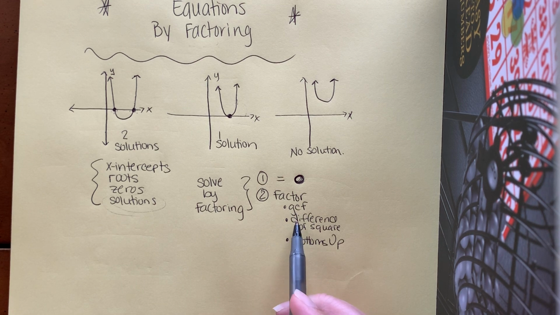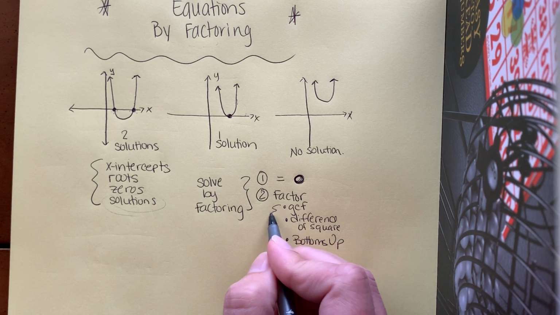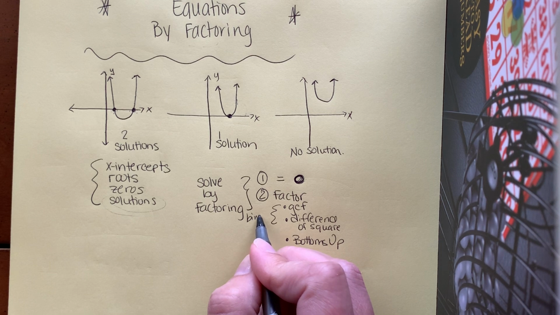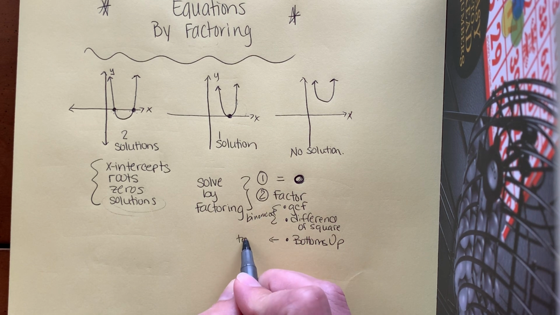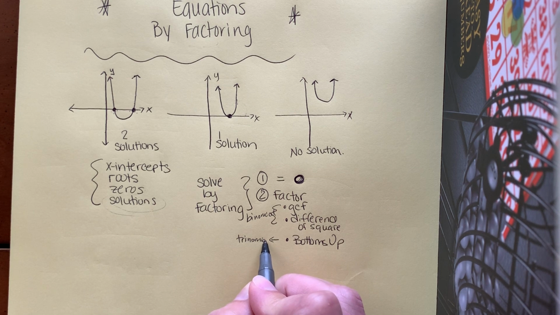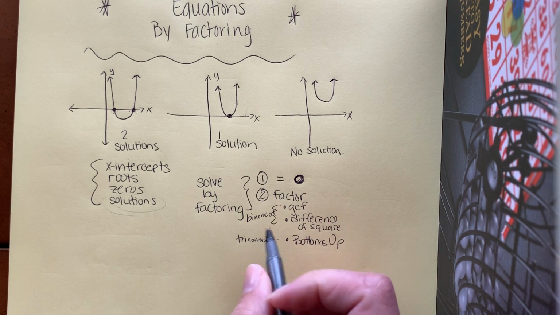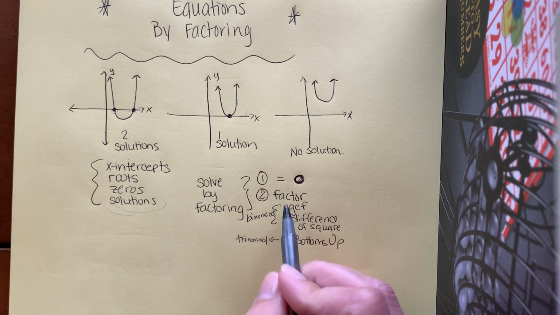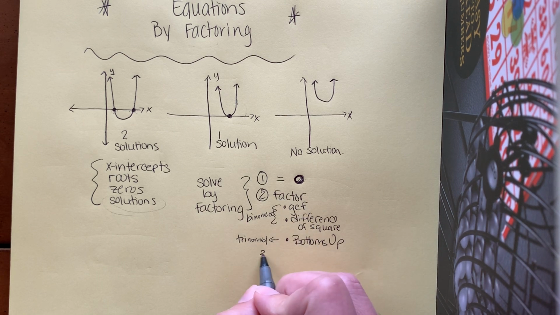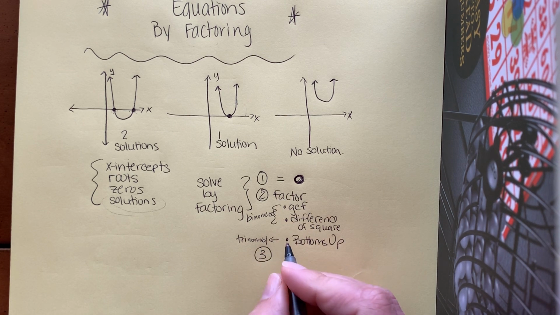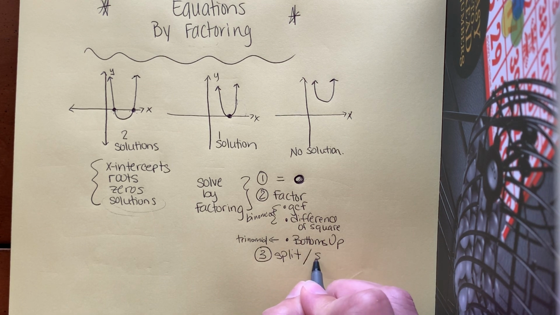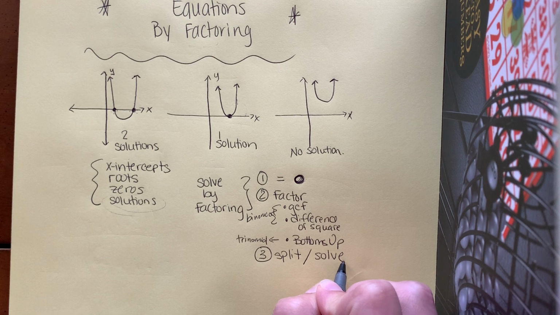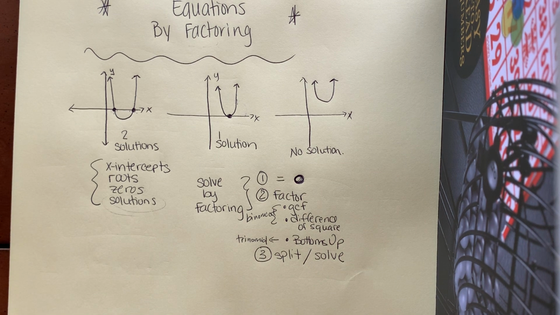GCF, difference of squares would be if you had a binomial. Bottoms up we use when we have a trinomial. Then after you've set your equation equal to 0 and factored it using one of these 3 methods, you will split your factors up. I say split and solve. Those are your steps to solving by factoring.